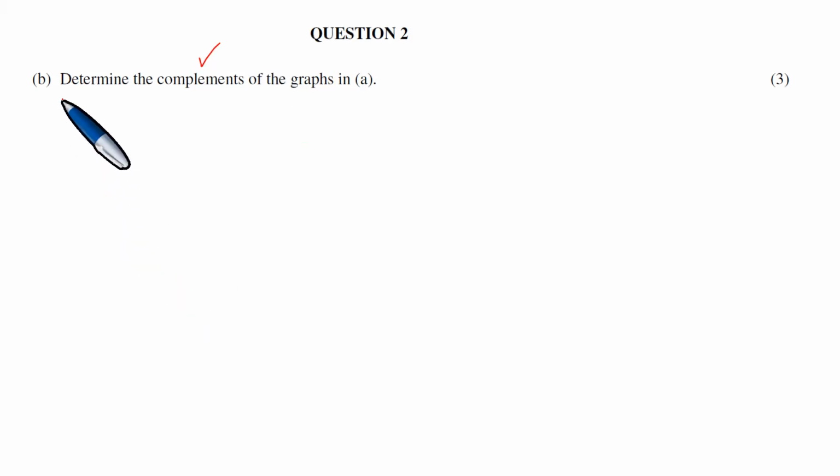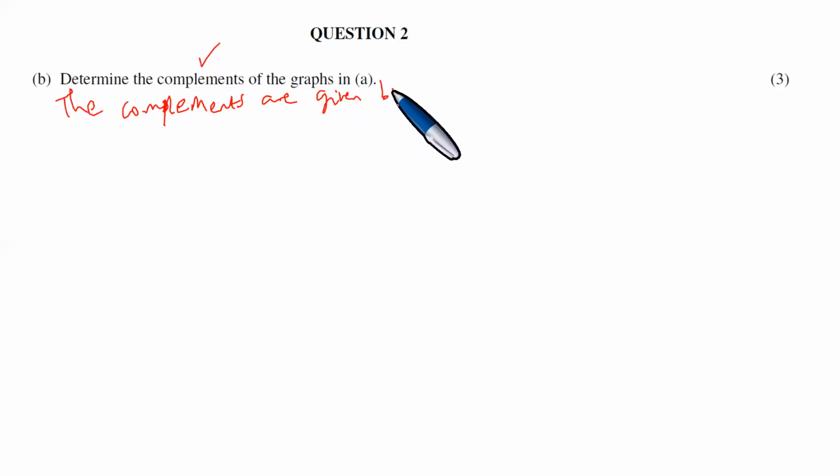Right, we note therefore that the complements are given by, in the first graph, we saw that we had a 3-cycle, and then we also had a 5-cycle.